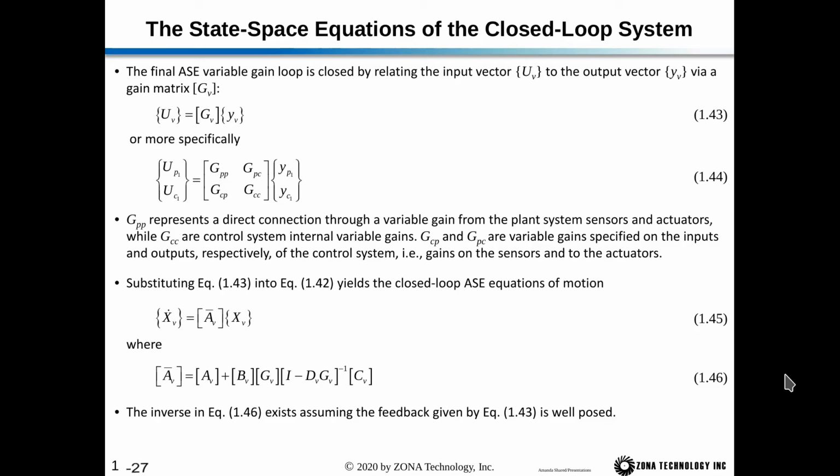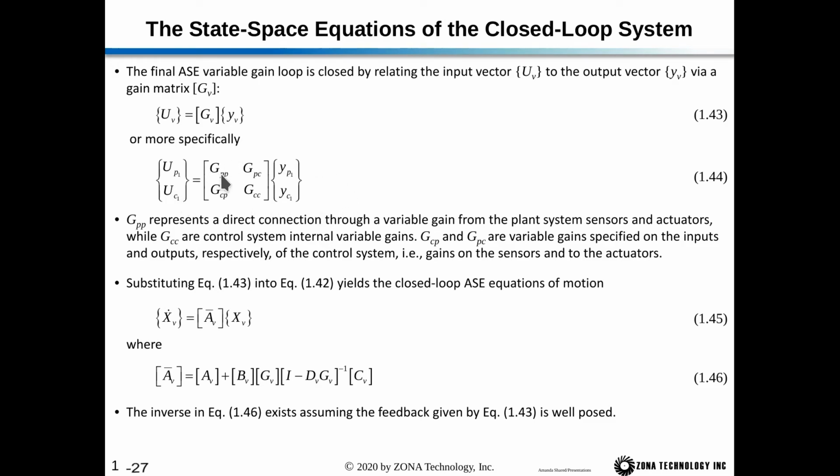And then lastly, we create the closed loop system from the vehicle model. So now we take the input vector UV, relate that to the output vector YV via the gain matrix GV in equation 1.43. And splitting the terms up, we get equation 1.44.